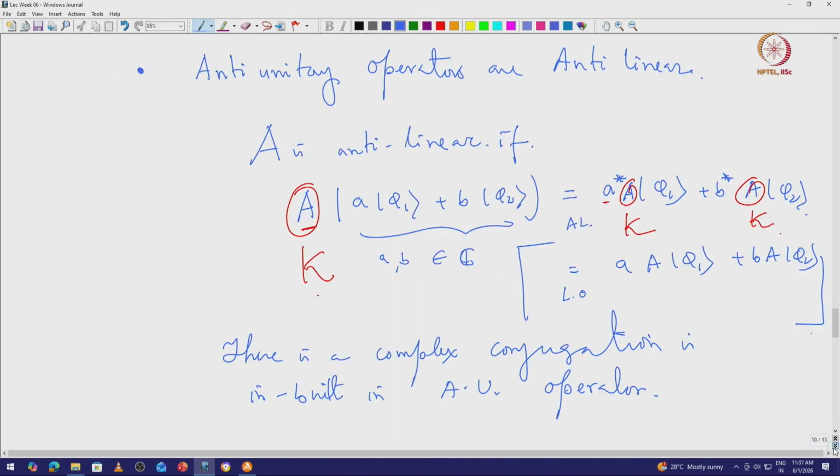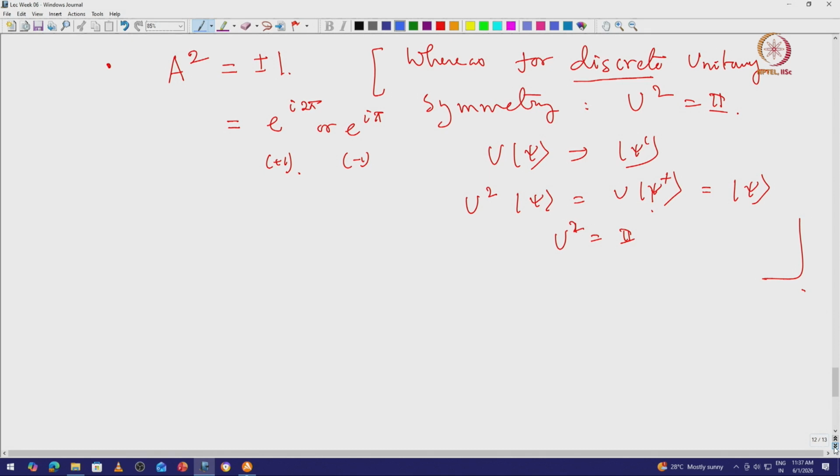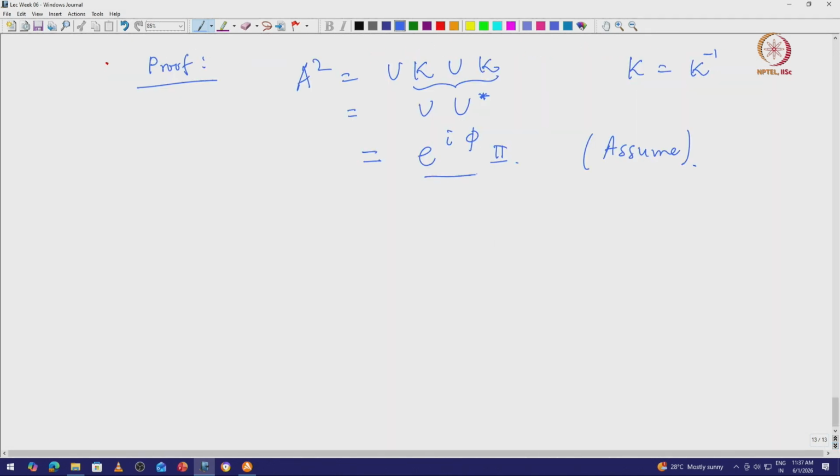So it can only change things by a phase. That is why we took it to be a phase times identity. So u u star equal to e to the power i phi times identity.